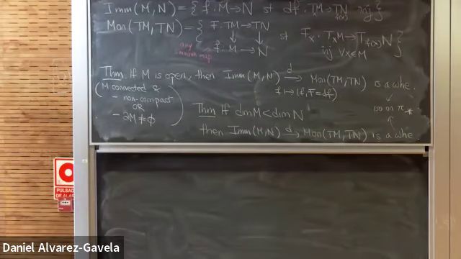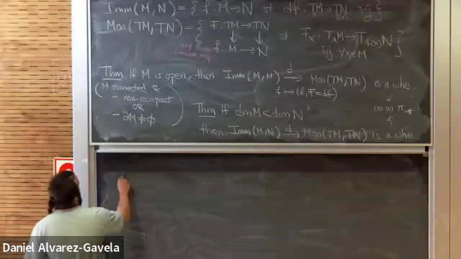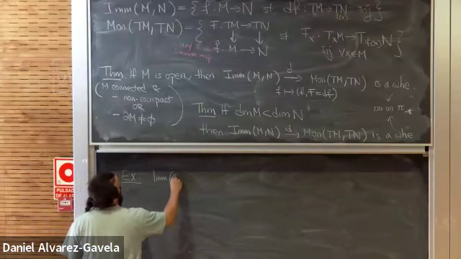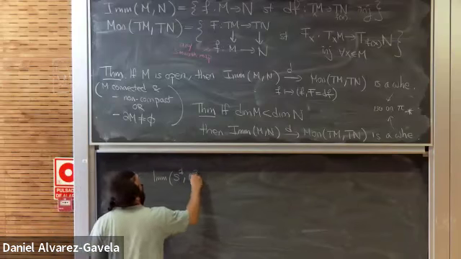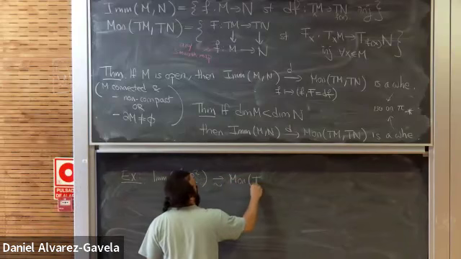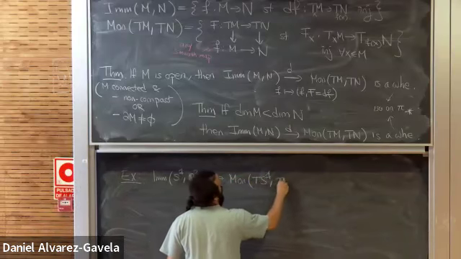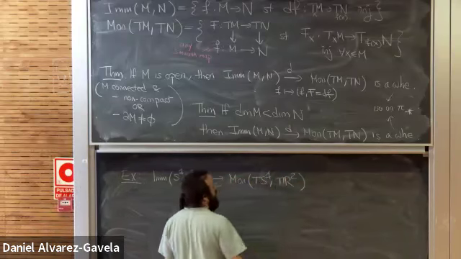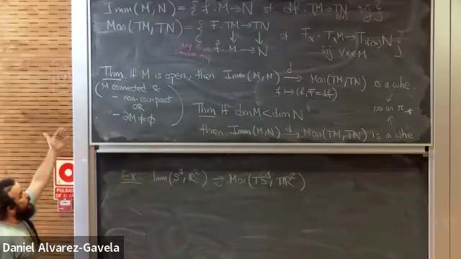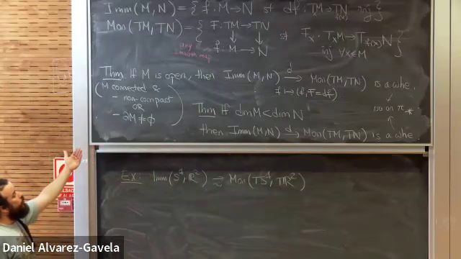More questions? Okay, so example: what are the immersions of a circle into R2? Well, this is weakly homotopy equivalent to bundle monomorphisms of TS1 to TR2, okay? And R2 is contractible, so there's absolutely no information in the underlying map from S1 to R2.